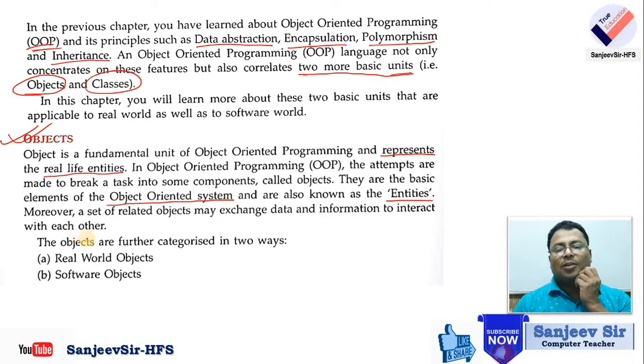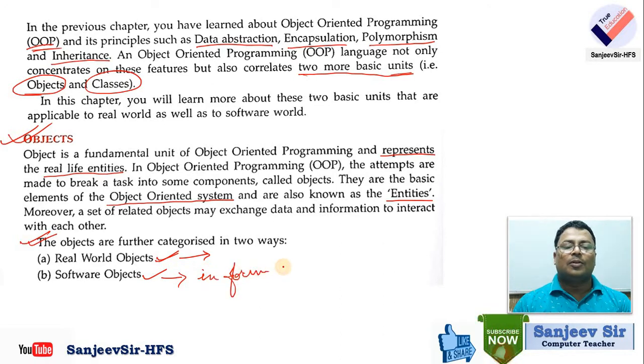How will we understand the real object and the software object? A real object is related to the real world. The real world object, and the software object we use in a program.